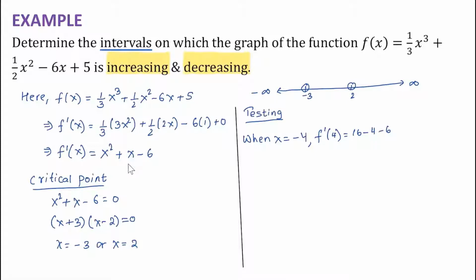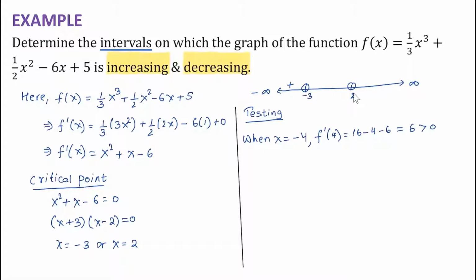So 16 minus 4 minus 6, you are subtracting a 10, which will give you a positive 6. Positive 6 is greater than 0, meaning your first derivative is positive in this interval. Meaning the function is increasing here.